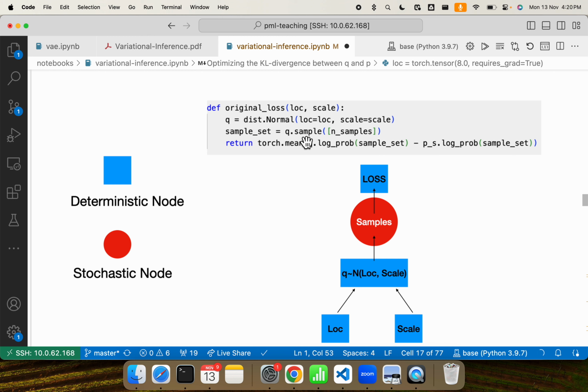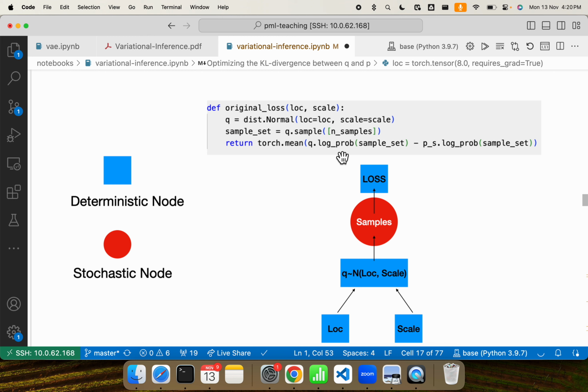I create a sample set, which is from Q distribution. I create n samples, and then I find out the mean over Q.log prob of sample minus P.log prob of sample. If you look at the computational graph, we start with location and scale. These are quantities which, let's assume them to be deterministic. We'll create a Q distribution. We generate samples from them, and if you notice, the loss is computed over the samples, right?